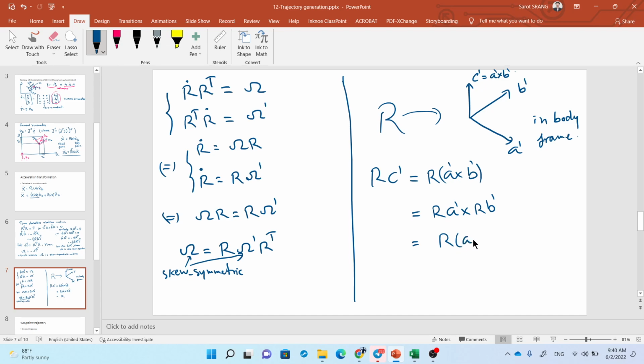I can write like this: R A prime cross R B prime.